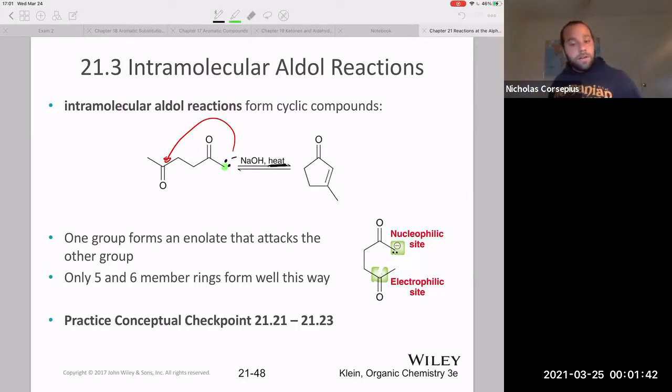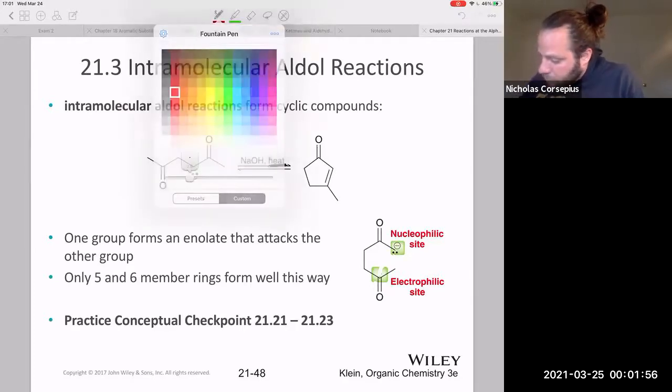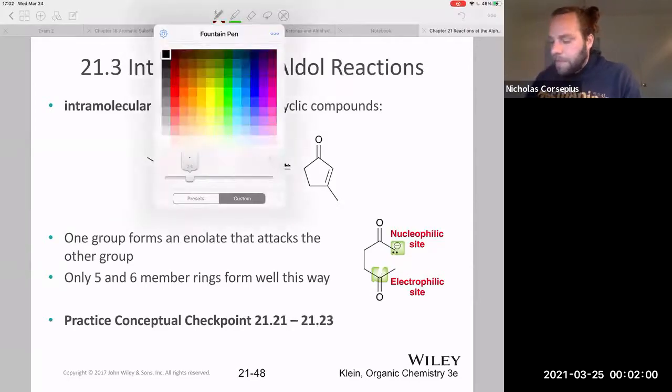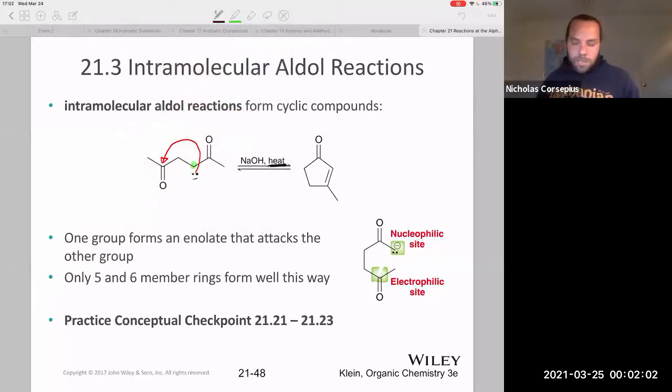So how do you know when this is going to occur? It's only going to occur if a 5 or 6 membered ring is formed. So although this was also an alpha carbon right here that has removable alpha hydrogens, if this enolate ion were to form, it couldn't really attack itself because that would form a 3-membered ring, which isn't terribly favorable.